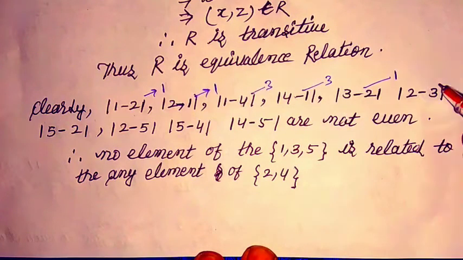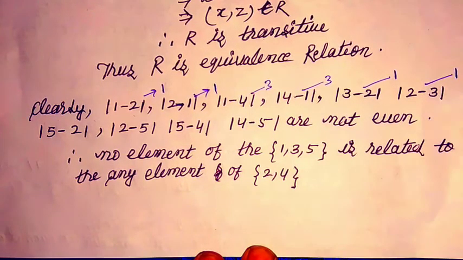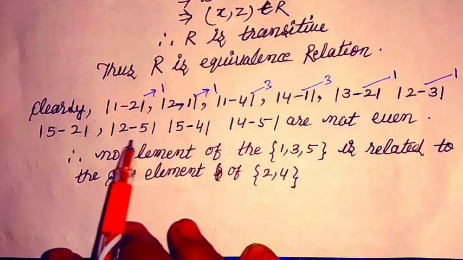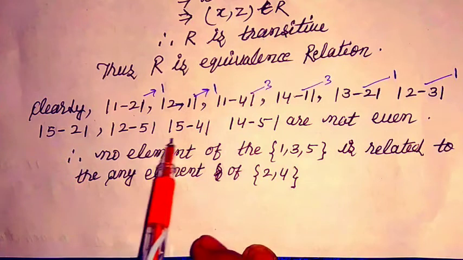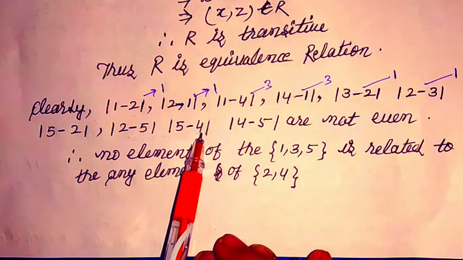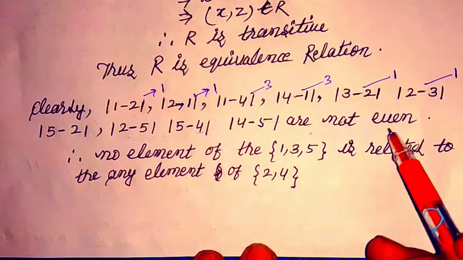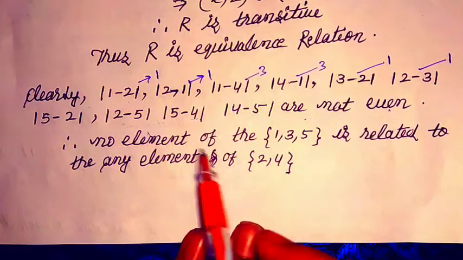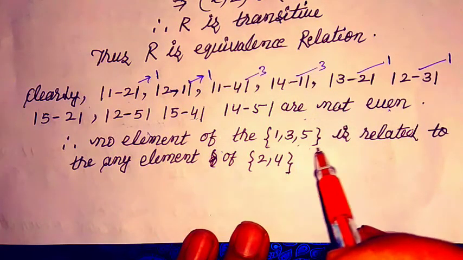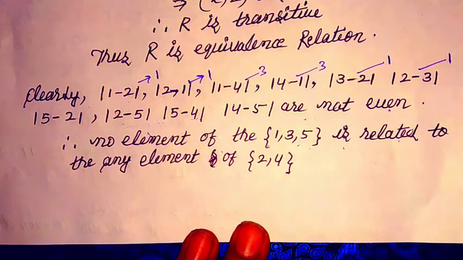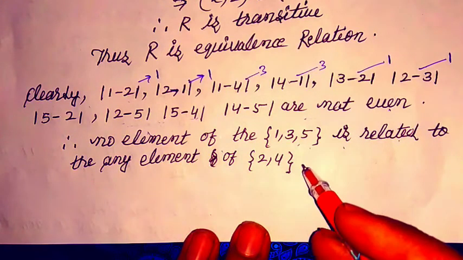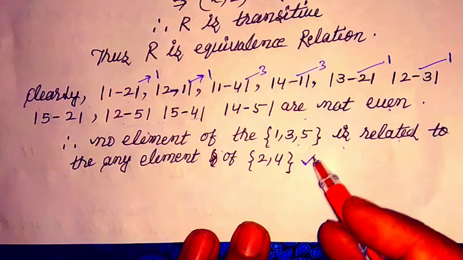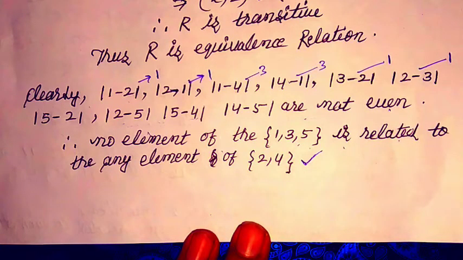So in all conditions we will get an odd number, not even. So they are not even, no element of {1, 3, 5} is related to any element of {2, 4}. So we have done question number 8 here.